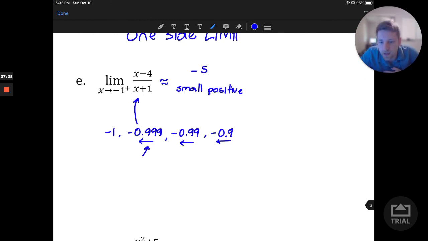But as I approach -1 from above, we're going to have something very close to -5 in the numerator and something very small and positive in the denominator. So let's consider this ratio. If I have a more or less fixed negative number divided by an increasingly small positive number, well, this ratio is going to give me a negative value.